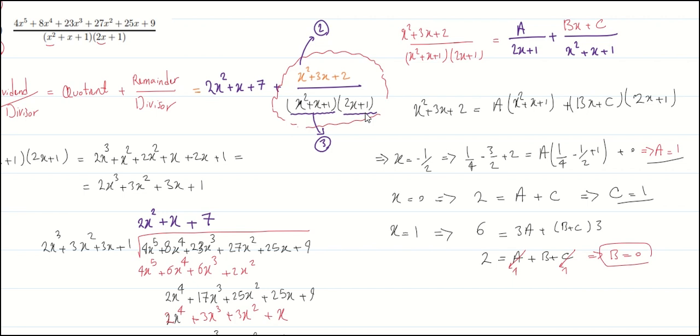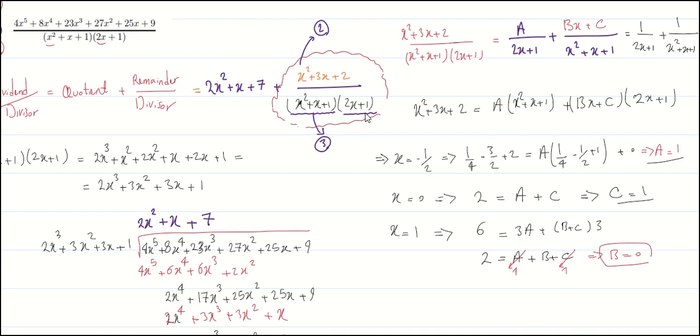So we got the a, b, and c values, and we can decompose this into two partial fractions as well. That would be equal to 1 over 2x plus 1 plus 1 over x squared plus x plus 1.